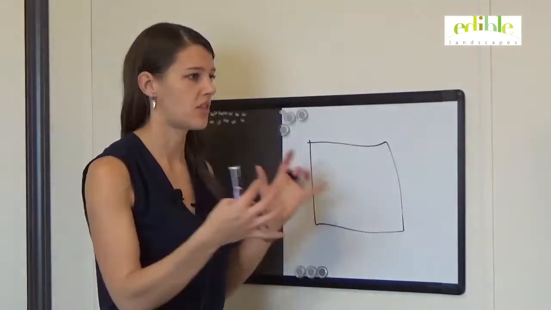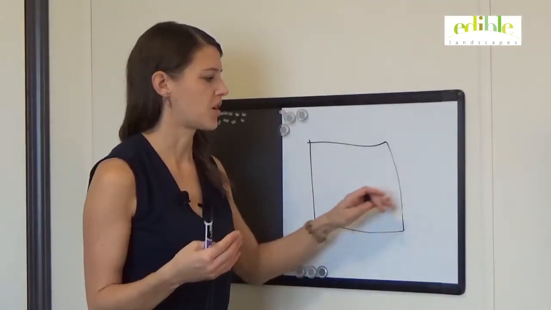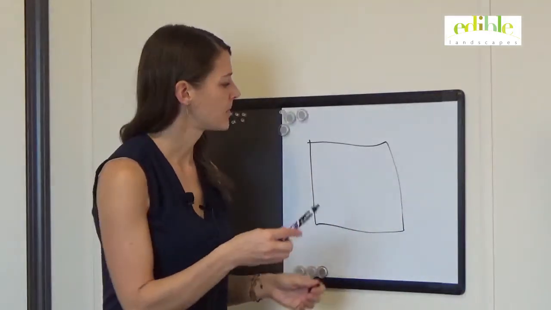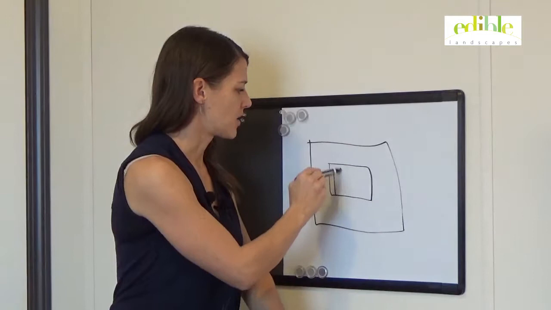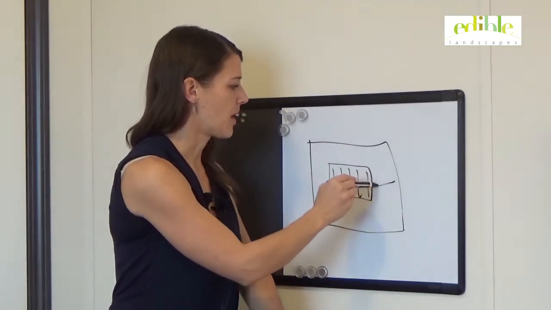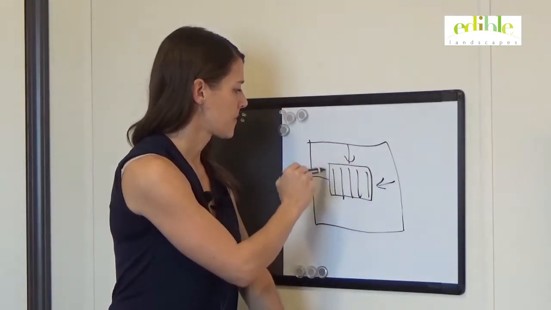Nutrients will accumulate, things will drift in, you'll get cross-contamination, things will happen. So they purposely do their testing in the center of a field far away from all of the edges.